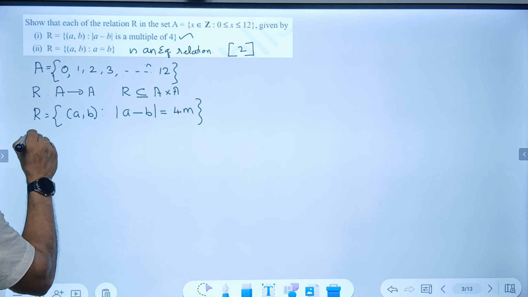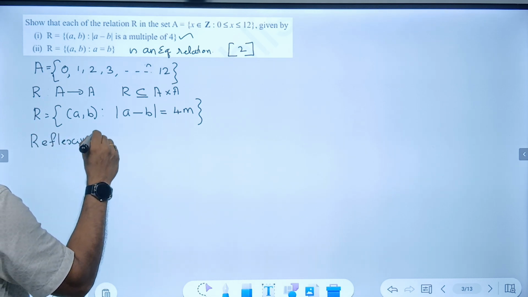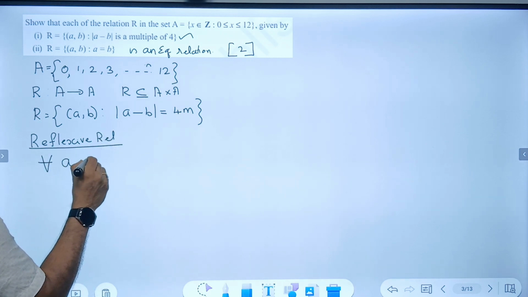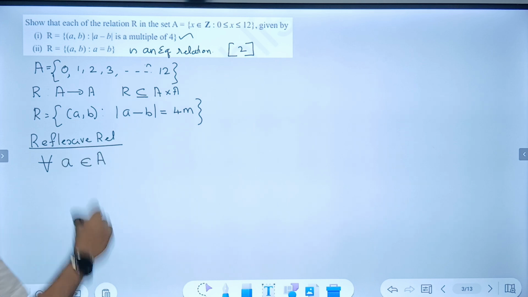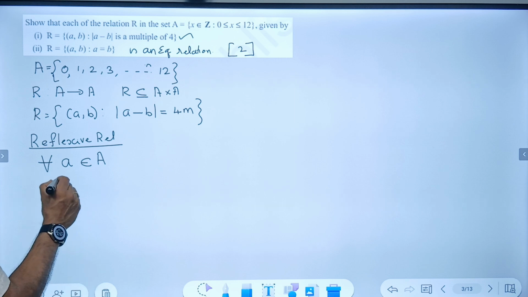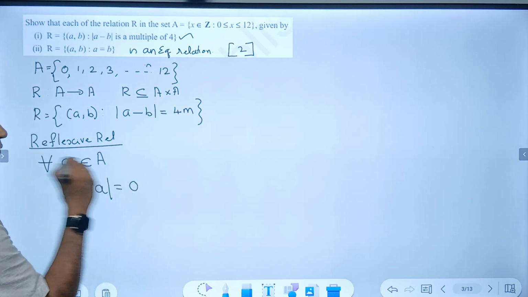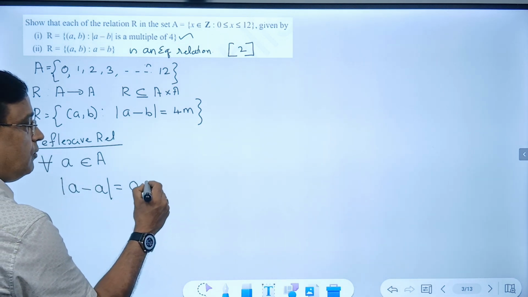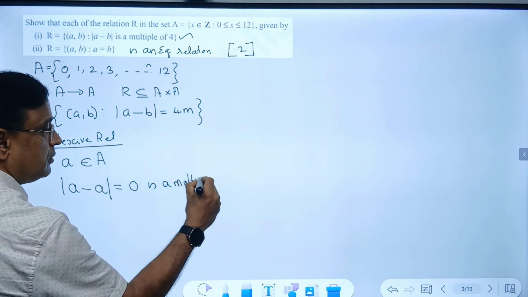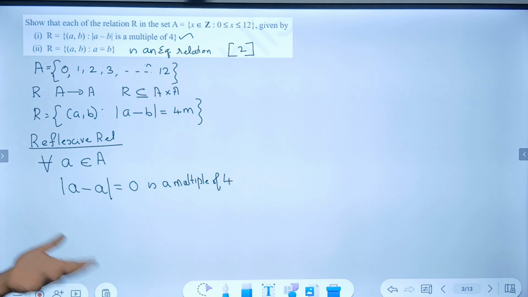Now, what is a reflexive relation? For every A belonging to A, that means from 0 to 12, I choose all the elements. What do you say about modulus of A minus A? Modulus of A minus A is 0, and 0 is a multiple of any number, so 0 in particular is a multiple of 4.